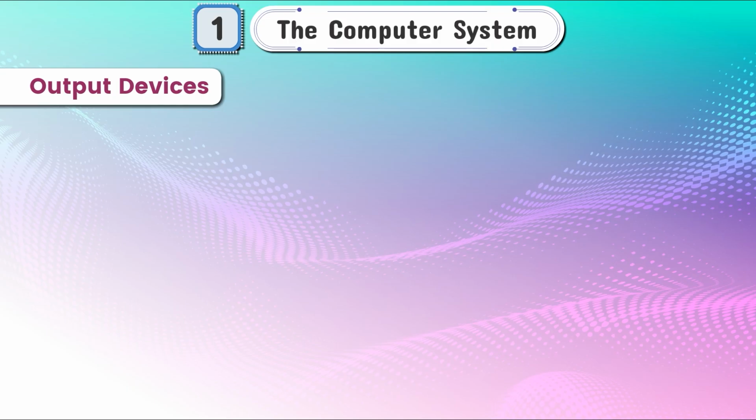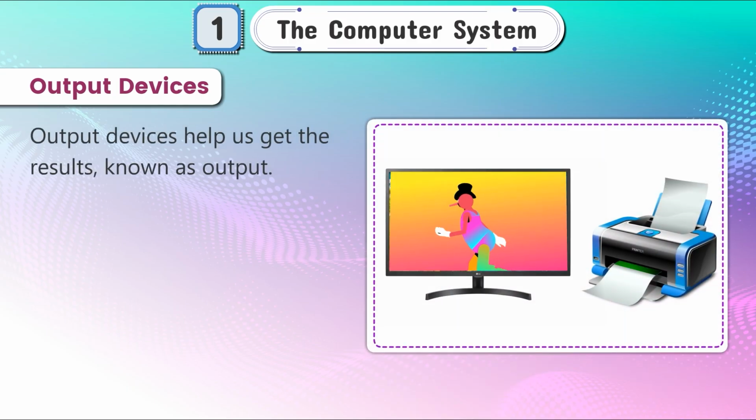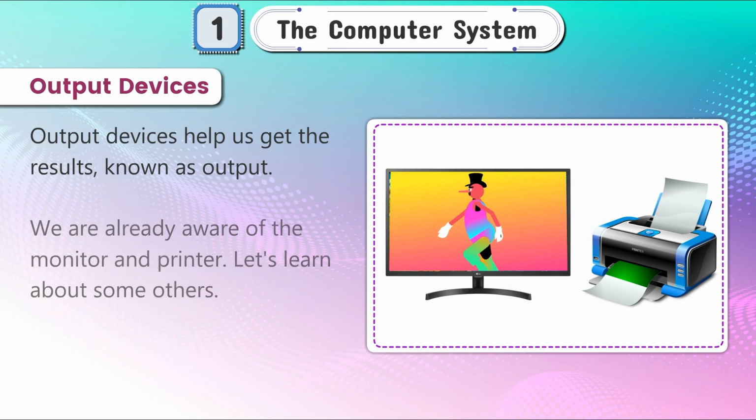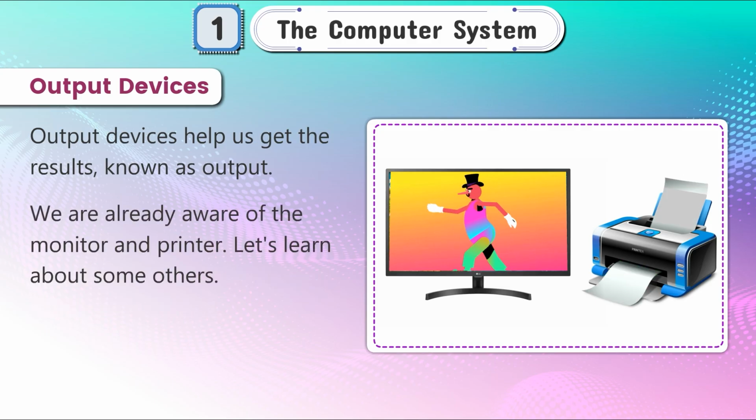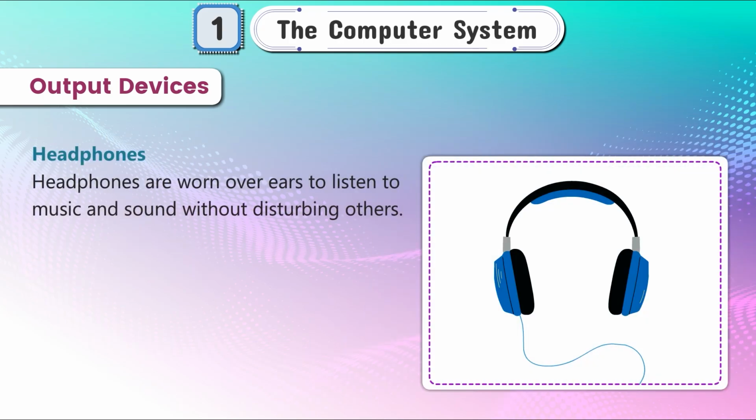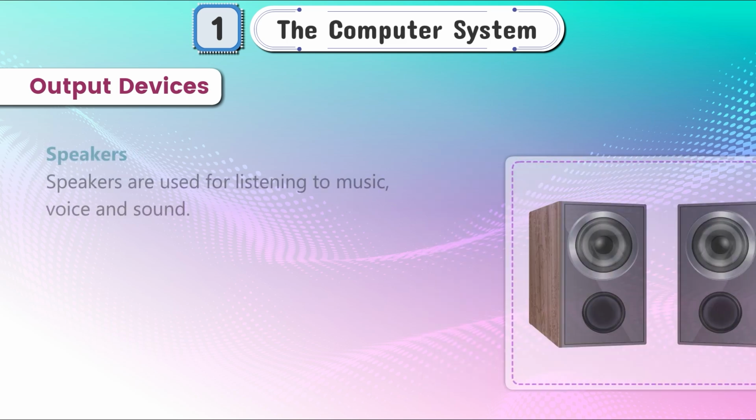Output devices. Output devices help us get the results, known as output. We are already aware of the monitor and printer. Let's learn about some others. Headphones. Headphones are worn over ears to listen to music and sound without disturbing others.